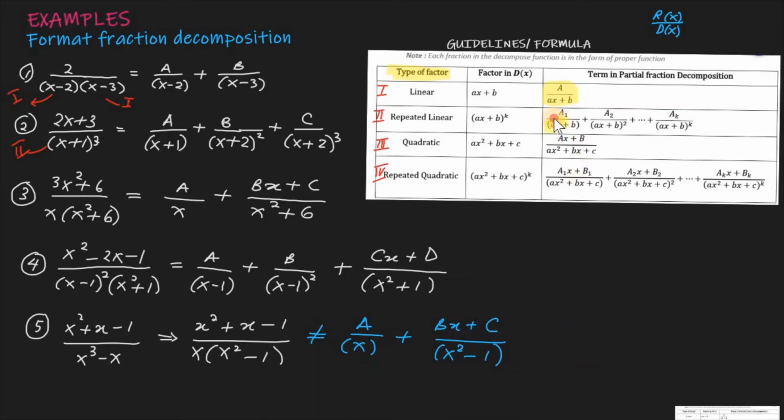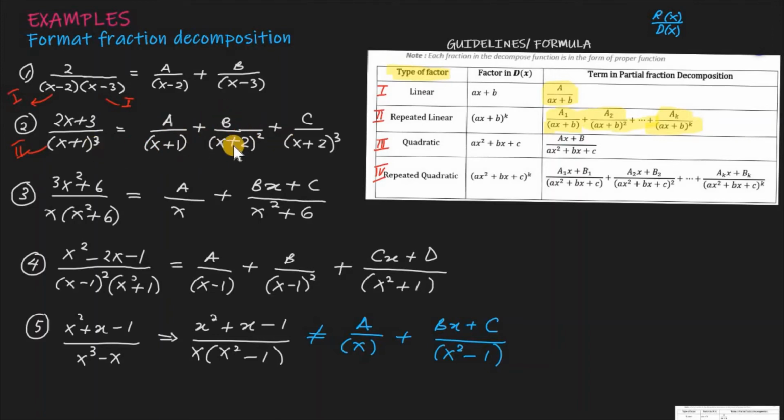The format is A over (ax plus b) power 1, plus A over (ax plus b) power 2, and so forth, until the highest power of the linear factor. For example, here we have a linear factor to the power of 3. So how do we decompose it? Again, the numerator is a single constant, A over x plus 1 power 1.